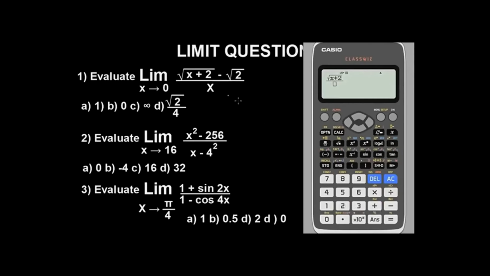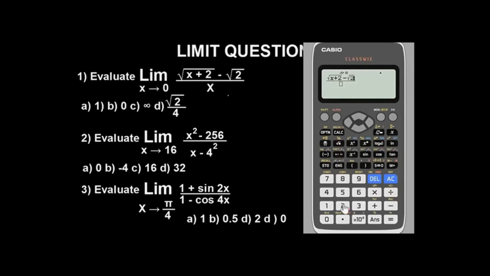Okay. So remember, this thing is minus. You have to give space, and to give space, make use of this white key. You press it once, then put minus. Then we have another radical there. You press this radical, then 2.